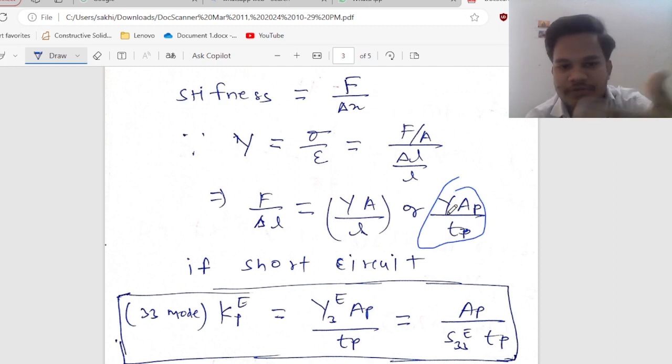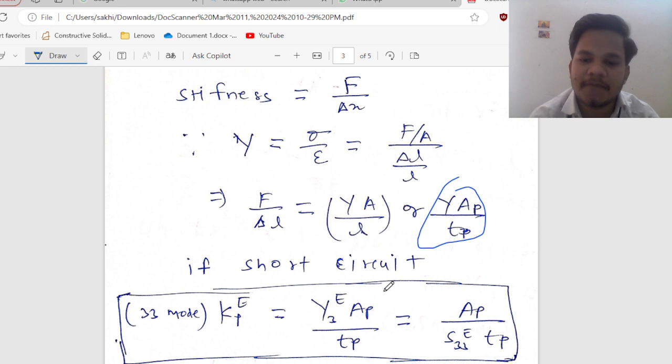The reverse of this value is A upon s^E t_p, where s^E is the piezoelectric compliance. Compliance is the reciprocal, 1 by Y, the inverse of Young's modulus.